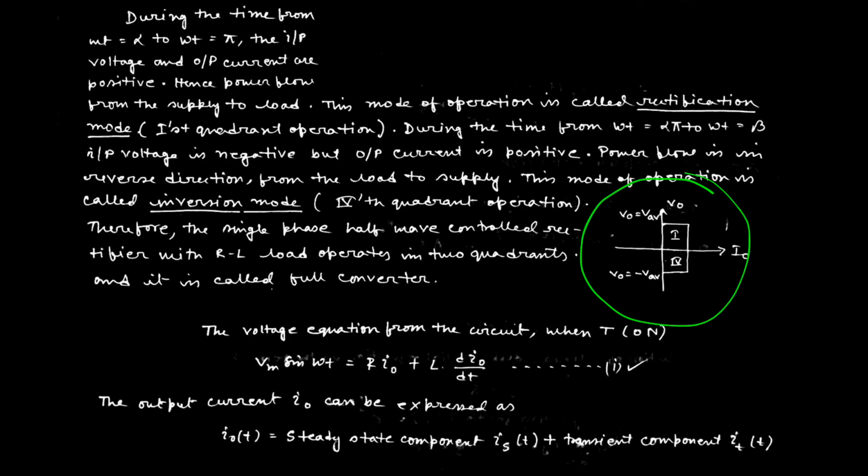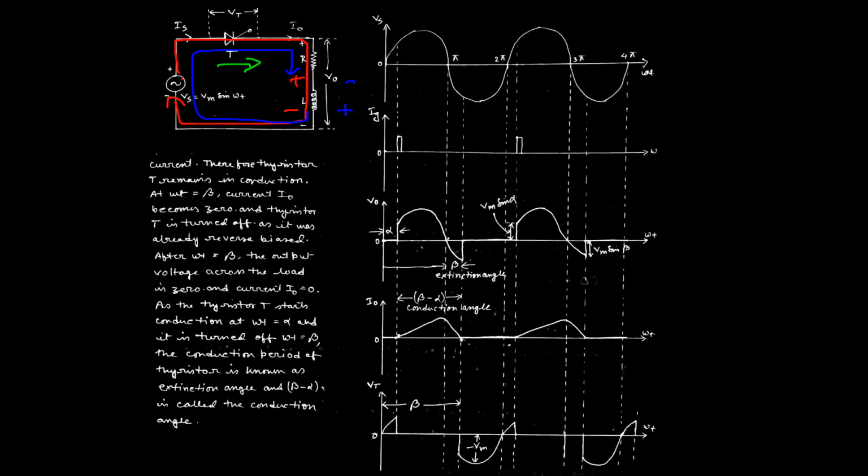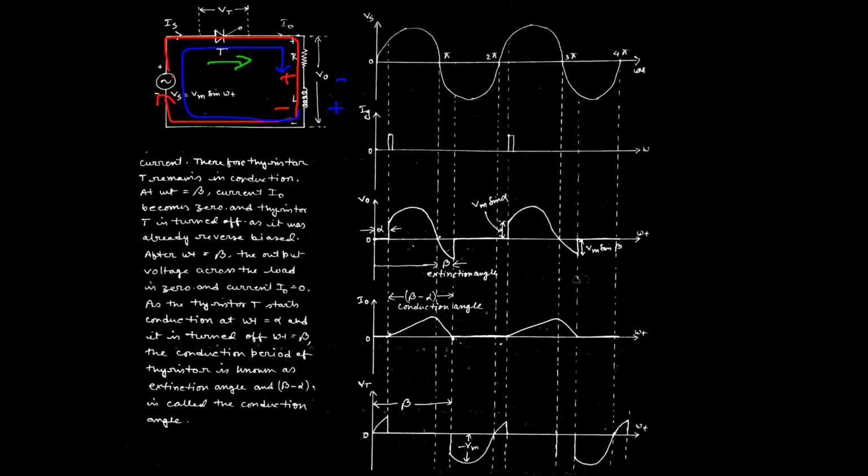First, the voltage equation, which can be formed from the circuit diagram. In the circuit diagram, the supply voltage is Vm sin omega t.